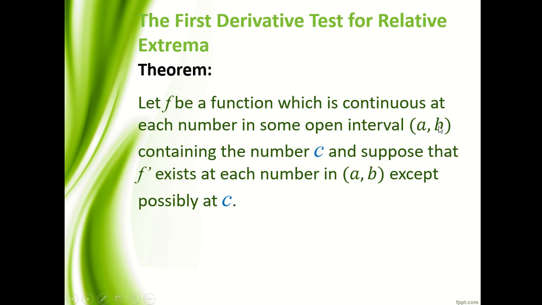When you substitute values, you should not include a and b. Containing the number c, it means that c is within this interval a to b. And suppose that f prime exists at each number in this open interval except possibly at c.